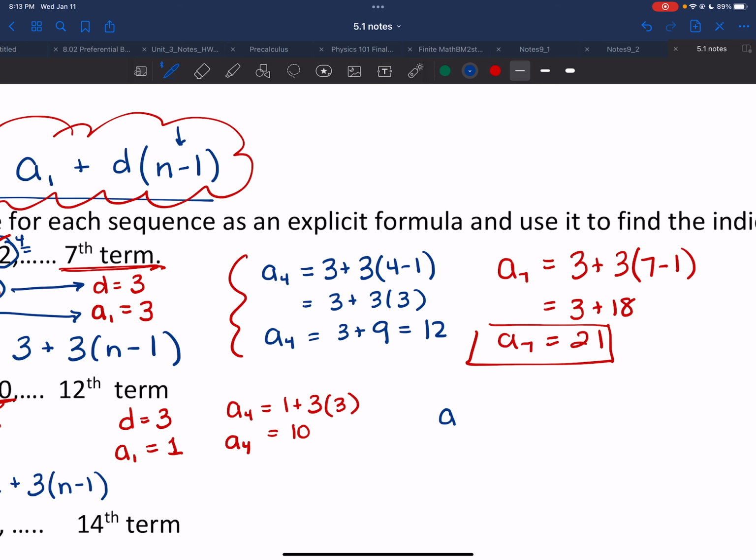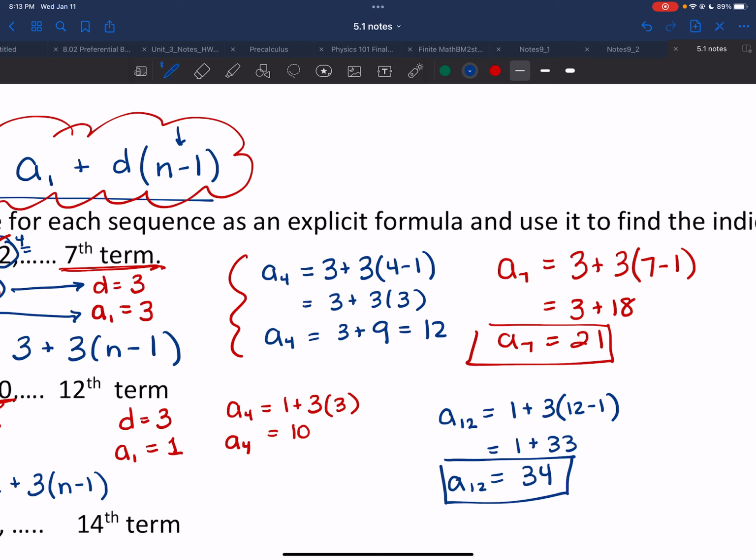So a_12 is going to equal 1 plus 3 times 12 minus 1, excuse me. And that's equal to 1 plus 3 times 11, which is 33. So that gives me a value of 34. So a_12 is equal to 34.